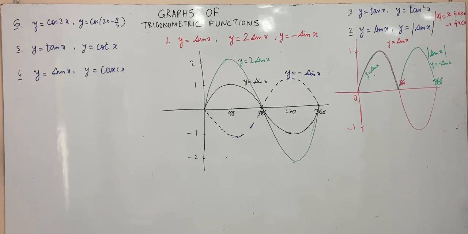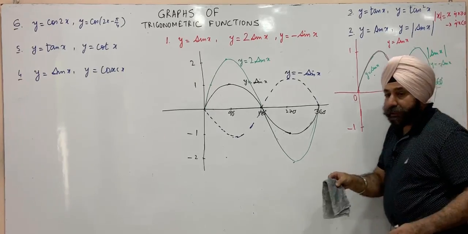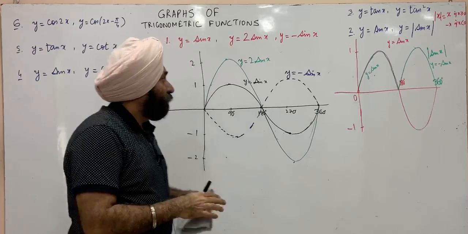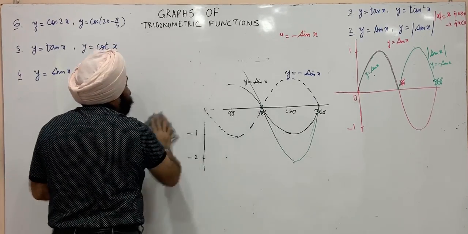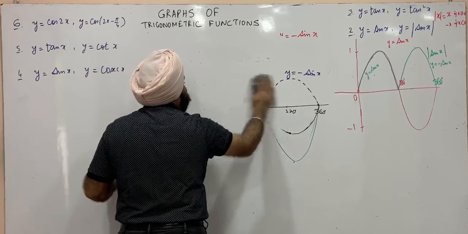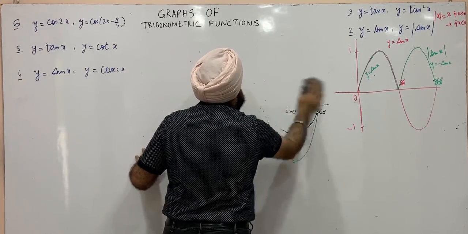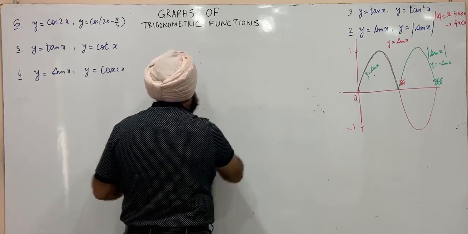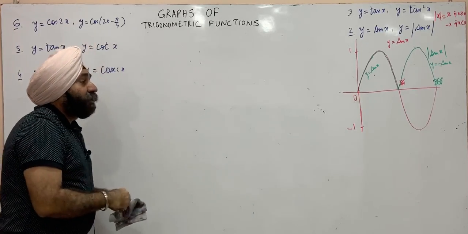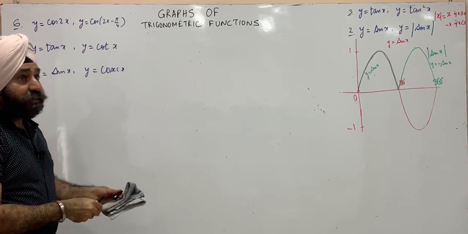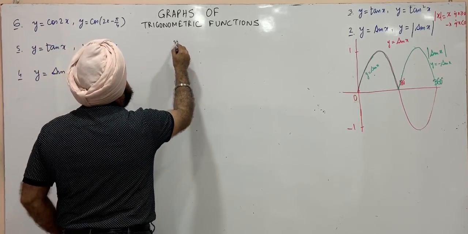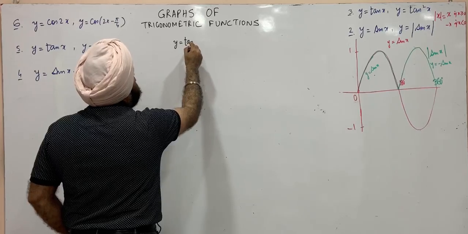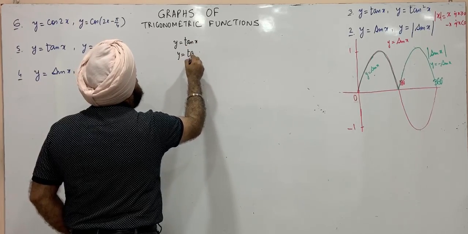The next one, y is equal to tan x and tan square of x. For understanding purposes, we are restricting the value of x to the first quadrant only. So y is equal to tan x and y is equal to tan square of x.